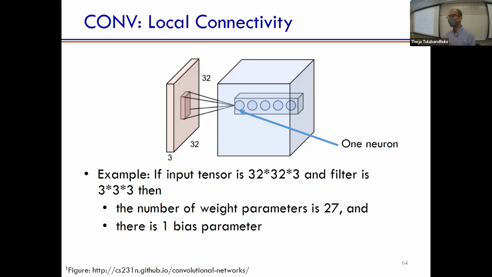So if an image is fully rich with information, what we're trying to do is capture some part of that information, piece by piece. One depth captures a part of that information, another filter could capture some other part of the information, and so on. So there's local connectivity which is being exploited.